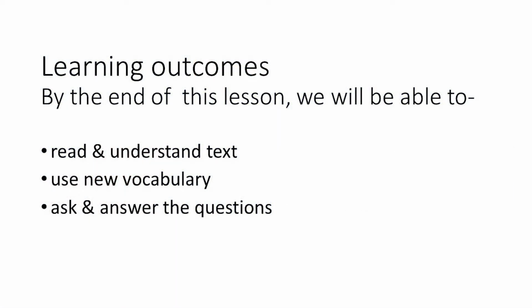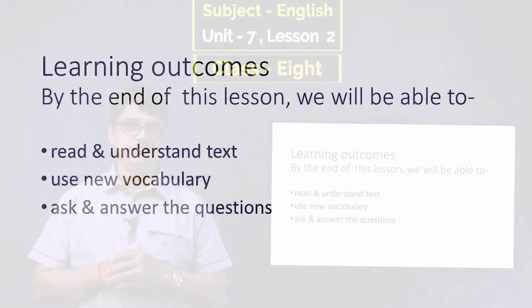By the end of this lesson, we will be able to, that means when we complete this lesson, we will be able to read and understand text, use new vocabulary, ask and answer questions. These are our targets of our lesson today.